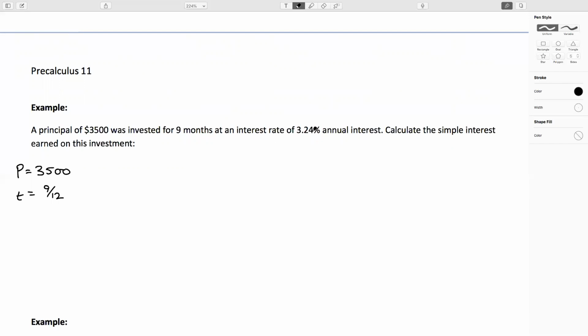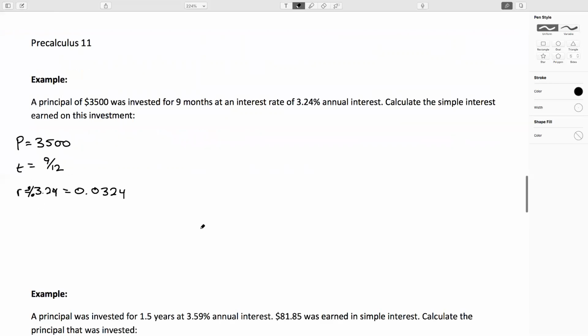Interest rate of 3.24%, so R equals 3.24%, which again has to be divided by 100. So 3.24% is actually 0.0324. Got to be really careful here. This is the most common mistake that I will see, people forgetting this. And what we need to find is I, the interest.